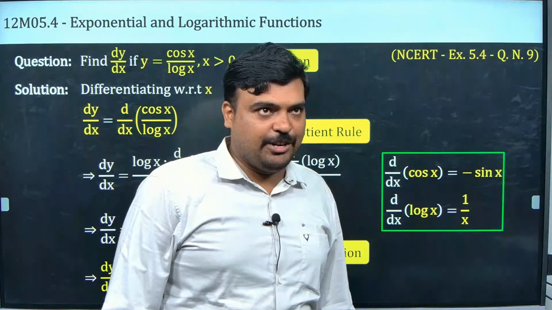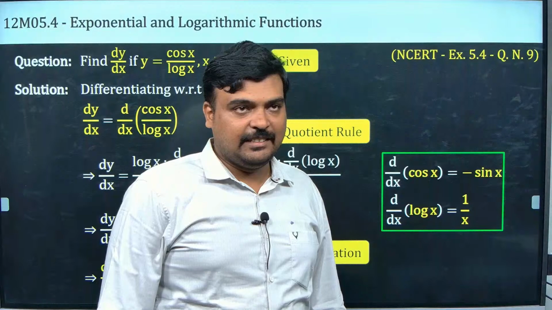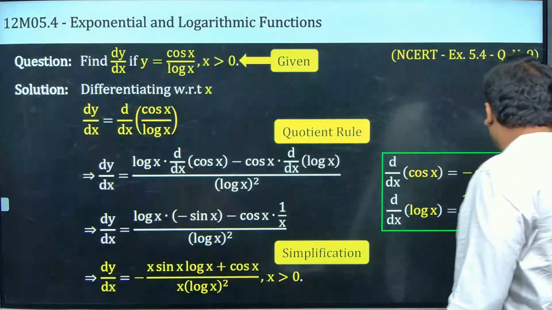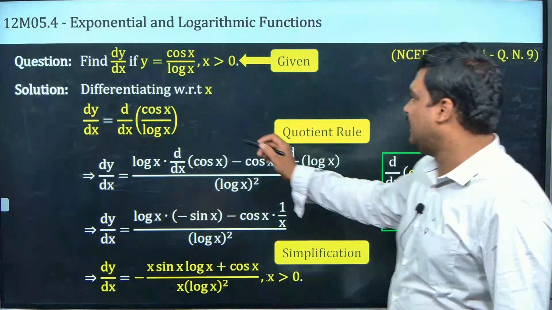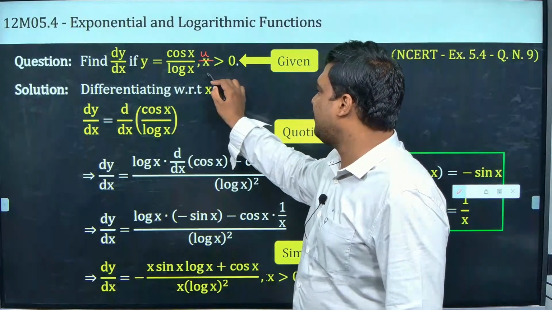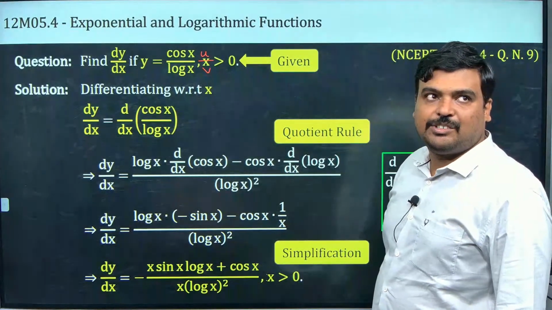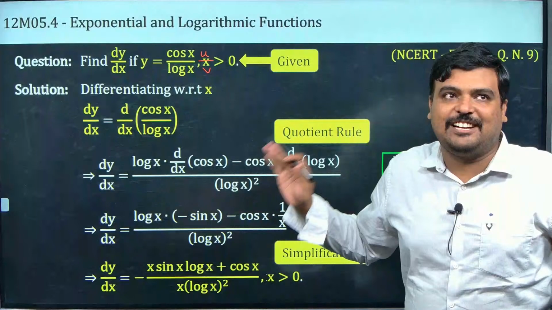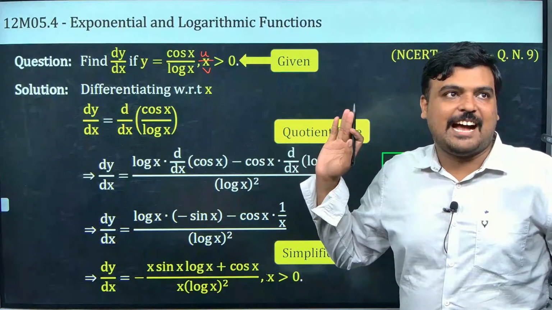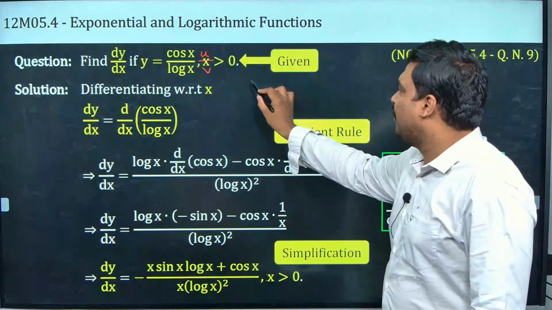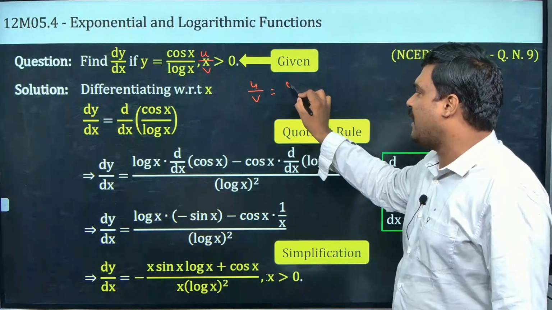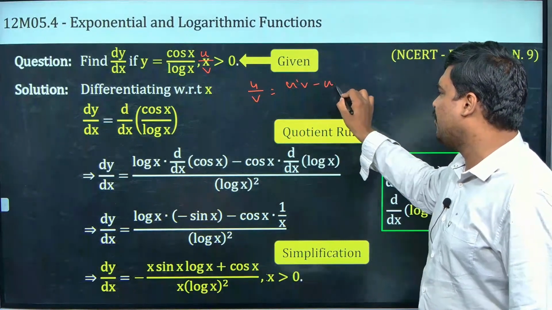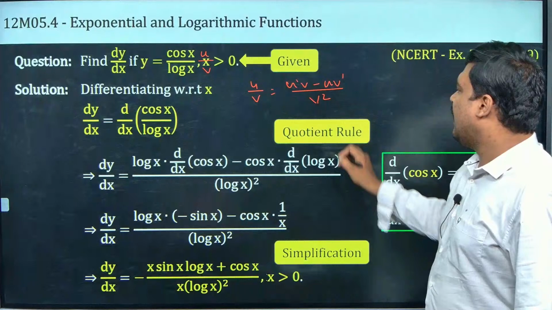Pratap, I want to do it once again. See. I don't know where you got the problem. This is u, this is v, right? See, if you see the answer here, then you will get confused. So u by v deals with what? What is the formula? u dash v minus u v dash by v square.